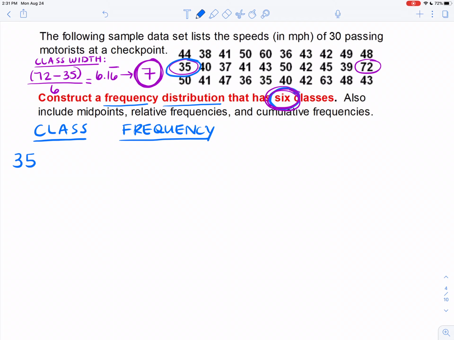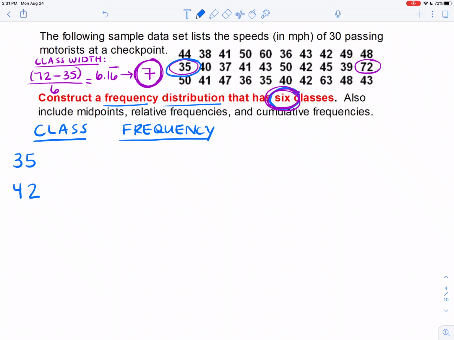So the definition of class width says it's the difference between consecutive class limits. From this class to the next class, we should have a difference of 7. So if I take 35 and I add that class width of 7, that's going to give me 42. And it's going to tell me to start the next class at 42.